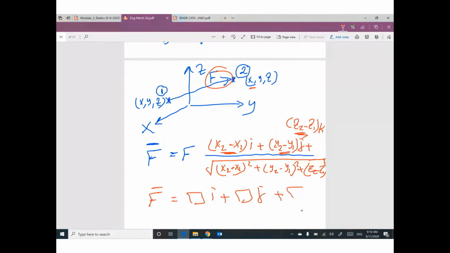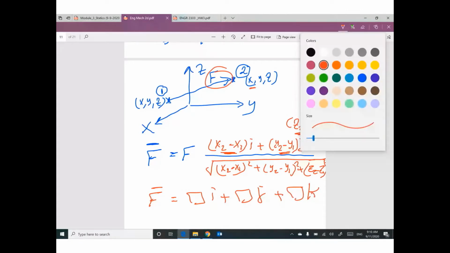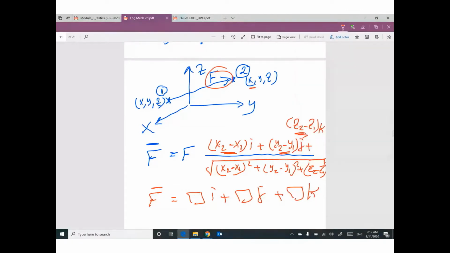That means this value will be the component in x-axis, component in y-axis, and the component in z-axis. Any questions so far?